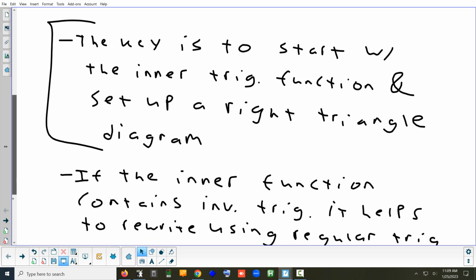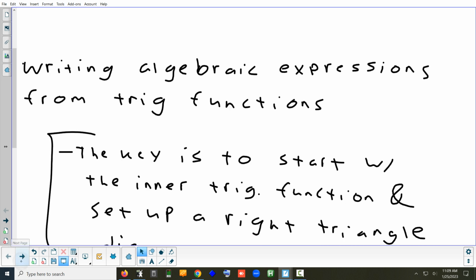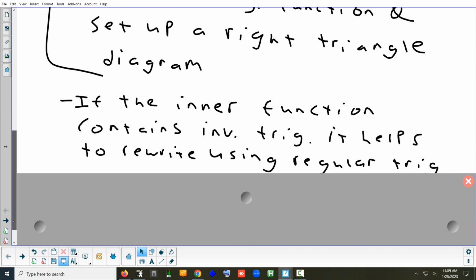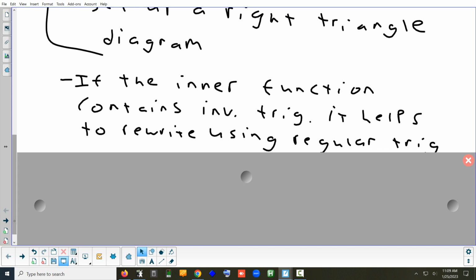So the only way you can draw a right triangle diagram if the inner trig function has inverse trig, like it does right there, is you're going to have to rewrite that inverse trig function using regular trig.